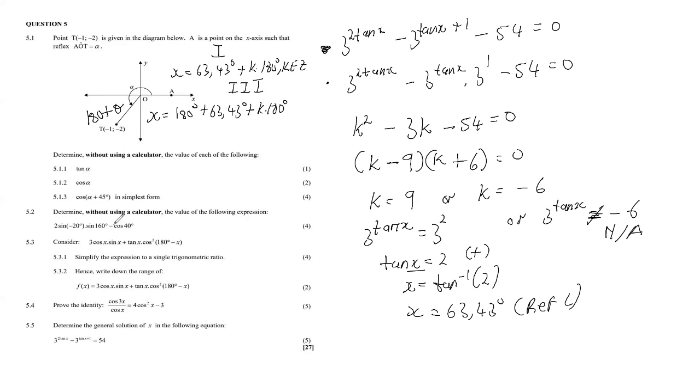Now, if we add the two here, this will give us x equals 243.43 degrees plus k 180 degrees. And then we say where k is an element of integers. So that's how you were supposed to find your general solutions for this equation here.